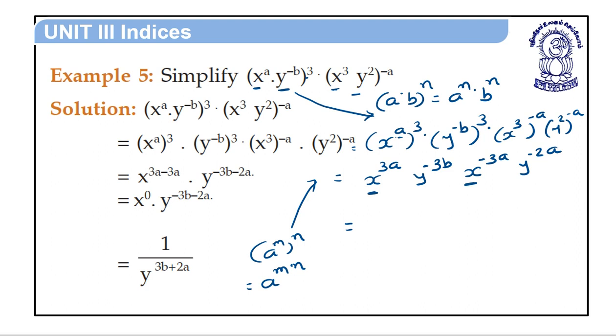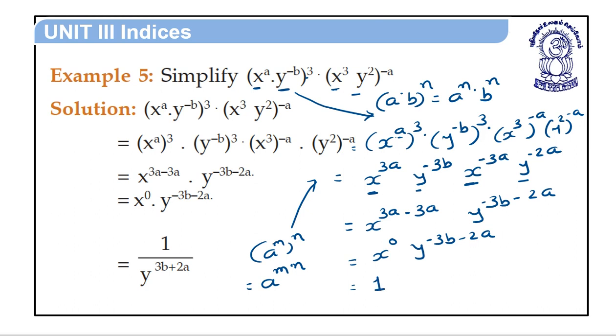Here x base is the same. Here y is another base. So x raised to 3a minus 3a, y raised to minus 3b minus 2a. 3a minus 3a, so x raised to 0. Y raised to minus 3b minus 2a.